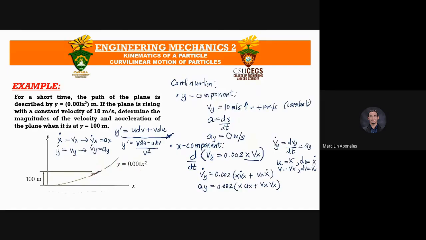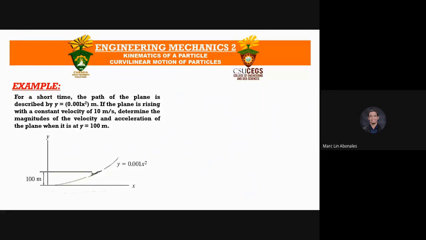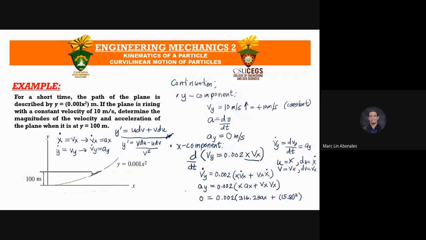So we substitute these into the equation: 0 is equal to 0.002 times 316.23 Ax plus 15.81 squared. So the only remaining variable is the x component of acceleration, which is what we need to find. What is the value of our Ax?